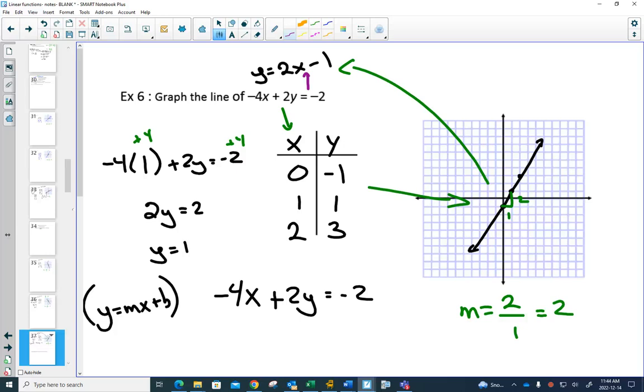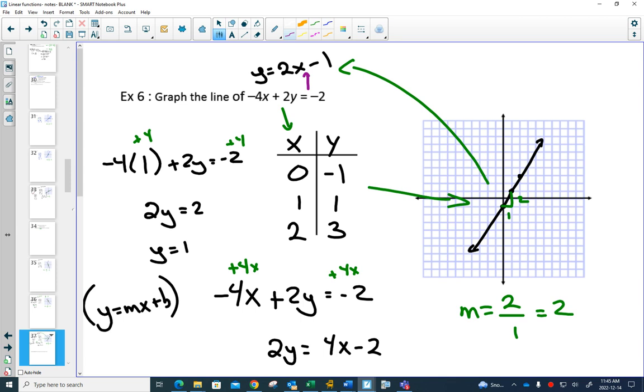What could I do with this minus 4x to move it to the other side? Well, what would happen if you added 4x to both sides? Can you see that that would get rid of the 4x on the left? And then I would have 2y equals, and I could write minus 2 plus 4x, but I could also write 4x minus 2.